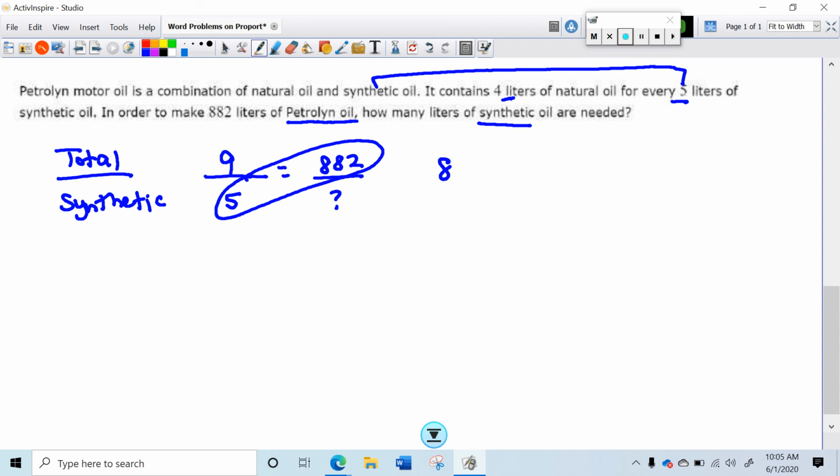So I'm going to do 882 times 5 divided by 9, and I'm going to get 490 liters of synthetic. That's what they need.